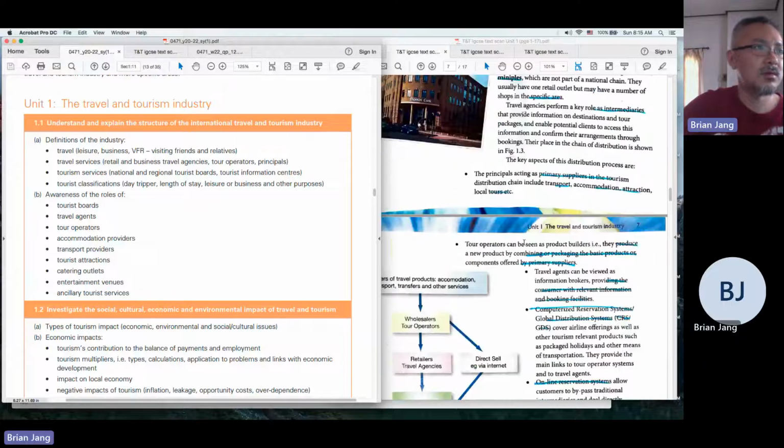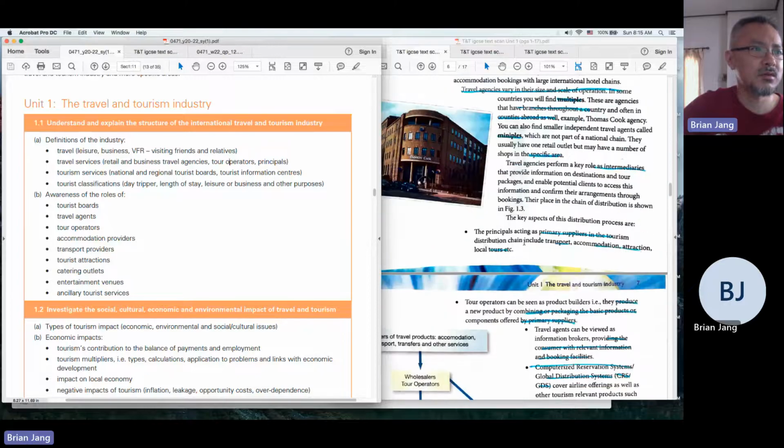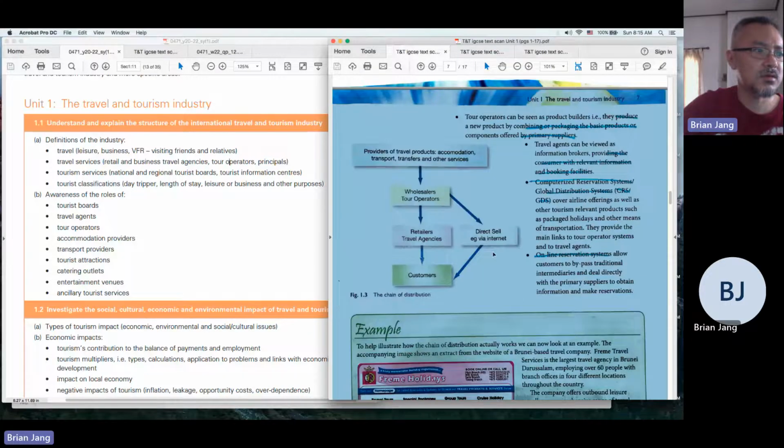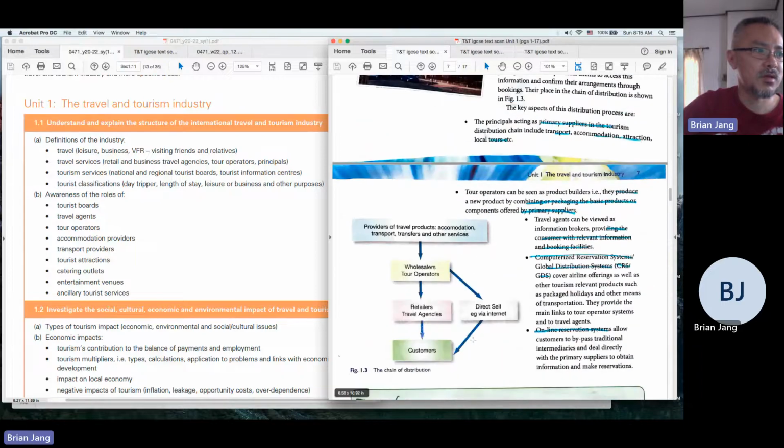Okay. And you have the chain of distribution here. Basically, you want to have an idea of what this little chart is talking about. It starts with the providers. These are the principals, the main components of the travel and tourism industry.